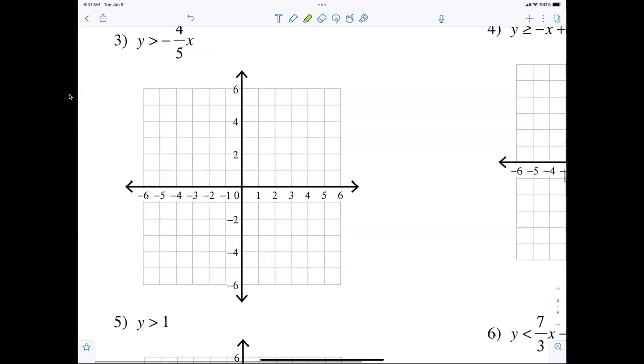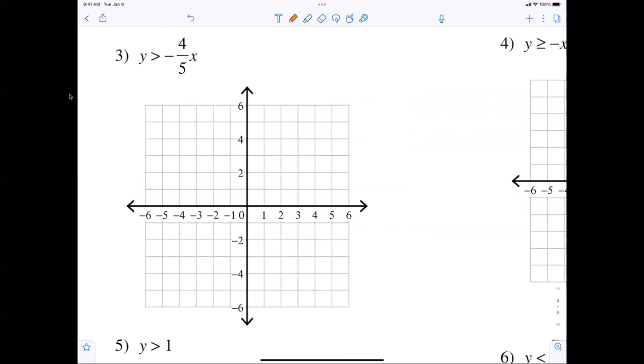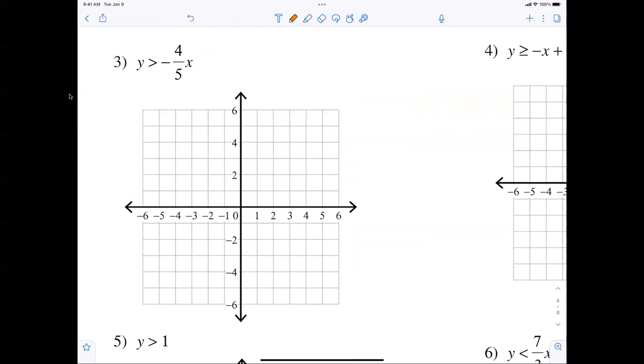Everybody take a look at number 3. What's the y-intercept? 0, 0. So here we go. Then from there, I go down 4, and then to the right 5. What type of line? Broken. So here, let's review how to break this line.